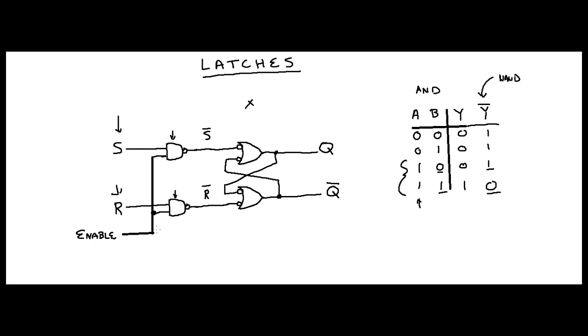So when I say turn it off, what I'm saying is if these are 0, A is 0 or B is 0, your output is always going to be high. Here's a 1 and here's a 1. And if they're high, that means the S bar and the R bar are not going to be active.